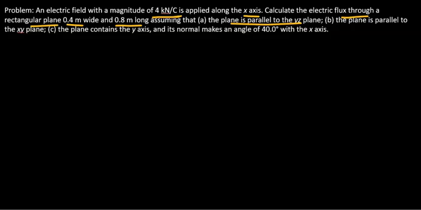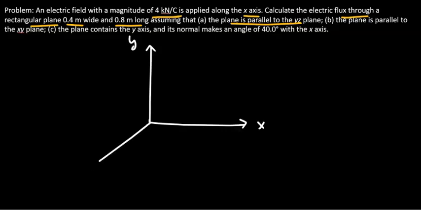Let's do that first. So your x-axis is that way, your y-axis is that way, and your z-axis is that way. In part A, the plane is parallel to the YZ plane, so that is the YZ plane. Let's assume that is the plane that we are talking about.